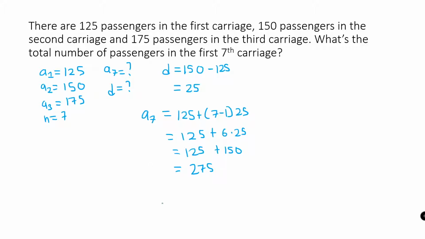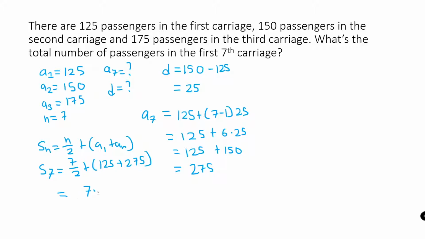Now we can use this to find the sum of the seven terms. So remember the formula Sn equal to n divided by 2 times A1 plus An. So we don't know Sn. S7 is equal to 7 divided by 2 times 125 plus 275. So we can actually put it as 7 times 400 divided by 2.